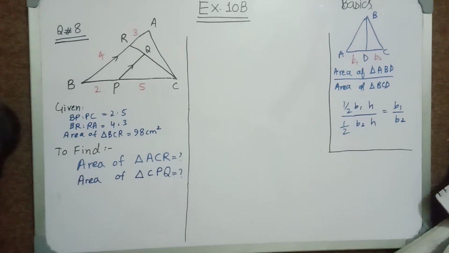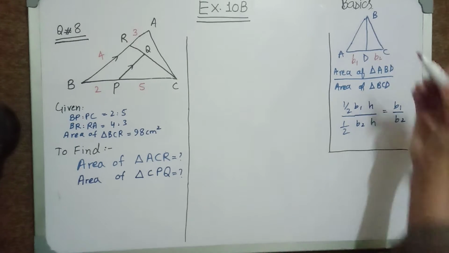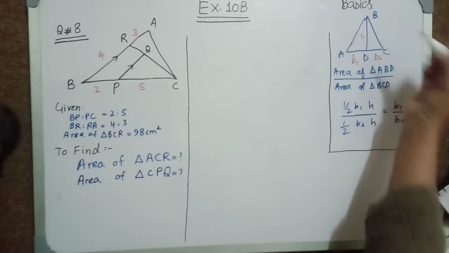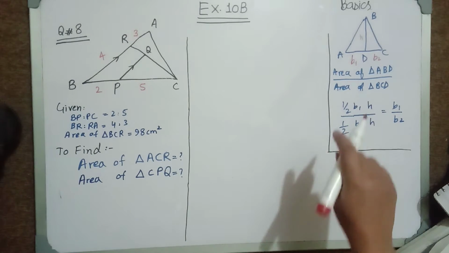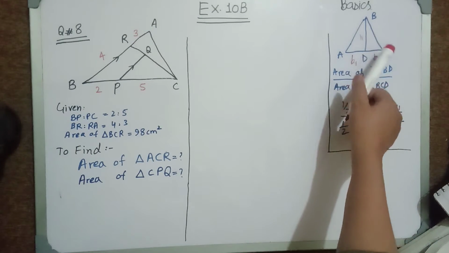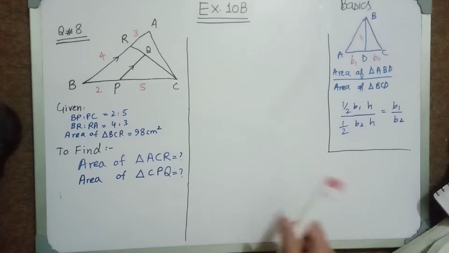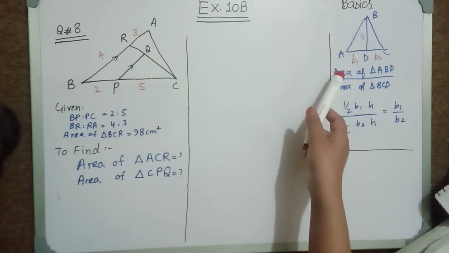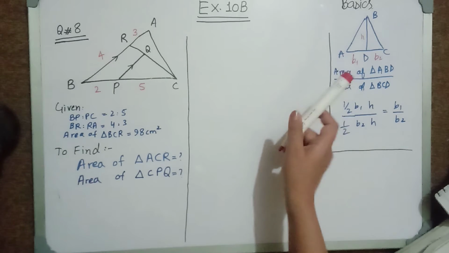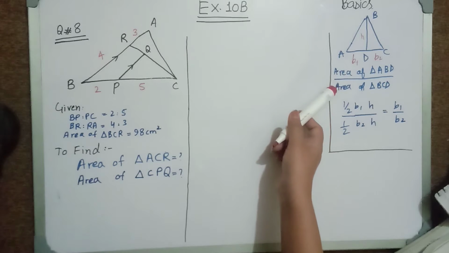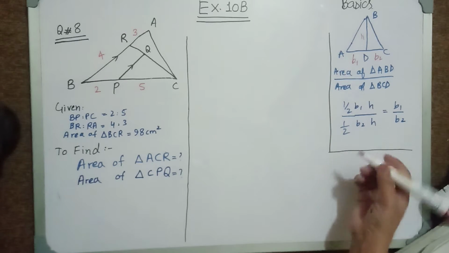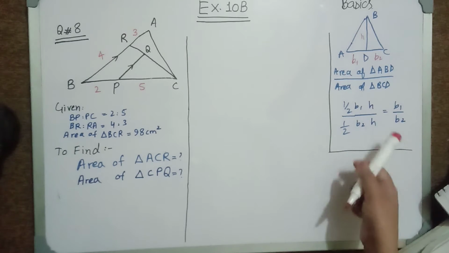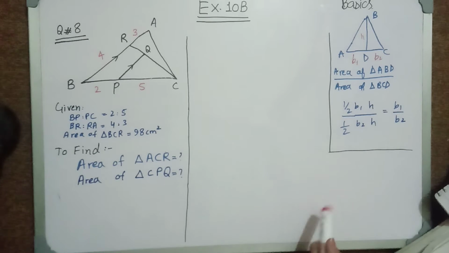And if you look here, both of the bases share common height, right? The height of both triangles is common and is same. So if you have any such triangle, the ratio of the area of both triangles will be equal to the ratio of their bases.